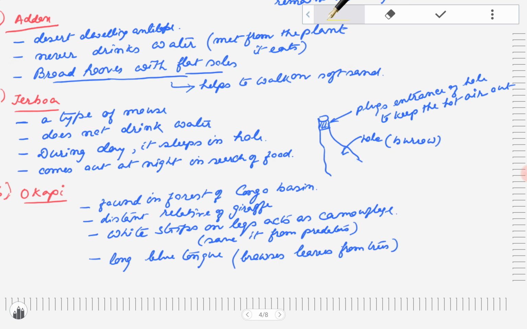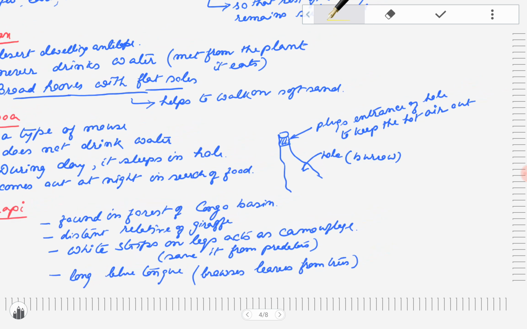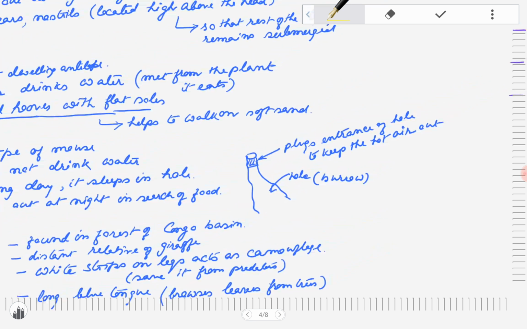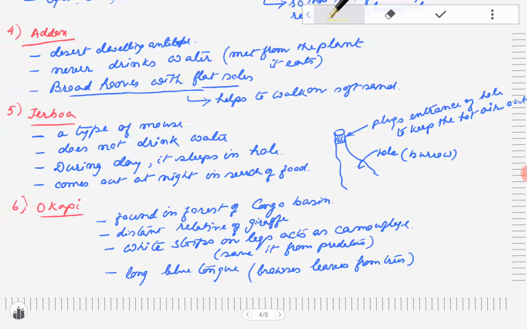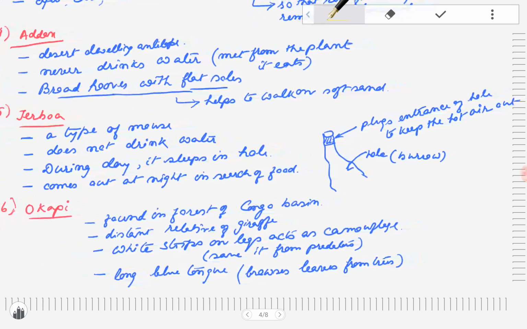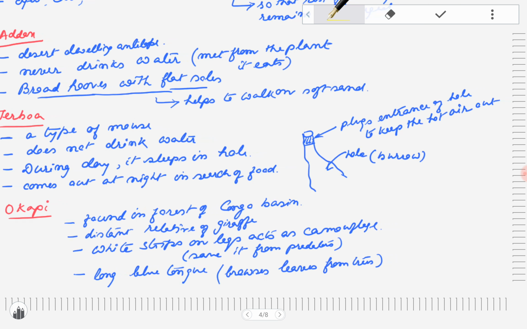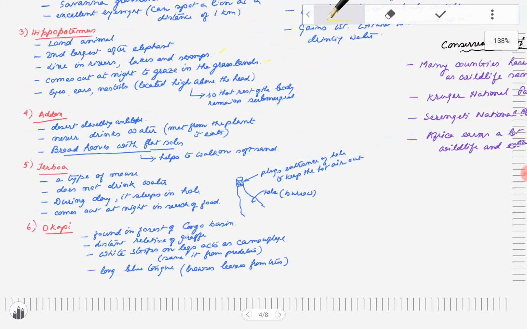It has a long blue tongue, which helps it to browse leaves from the trees. Now, zeroba, the picture you can see, it makes a hole in the ground where it stays, and this hole helps to keep the hot air out.